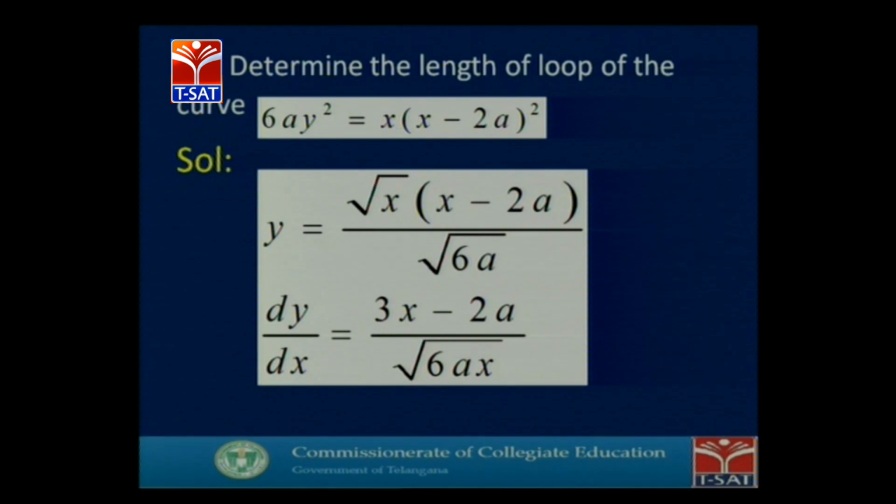So how will this loop look? The given equation is 6ay² = x(x − 2a)². Y powers are even, so the given curve is symmetrical about the x axis.